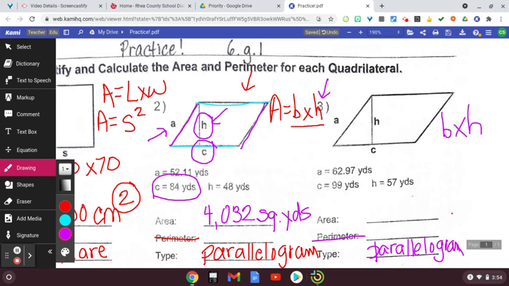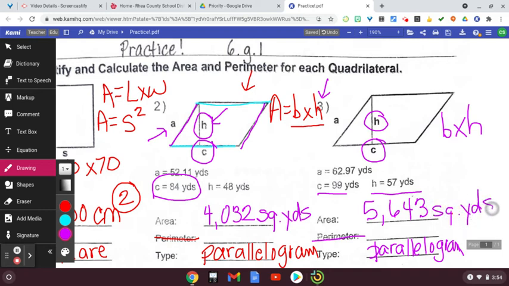So hopefully you know the two that you're going to multiply are C and the H. When you multiply these two right over here, you're going to get 5,643 square yards. These are the easy ones. So squares, side squared, as well as parallelograms, base times height. So really try to remember those.